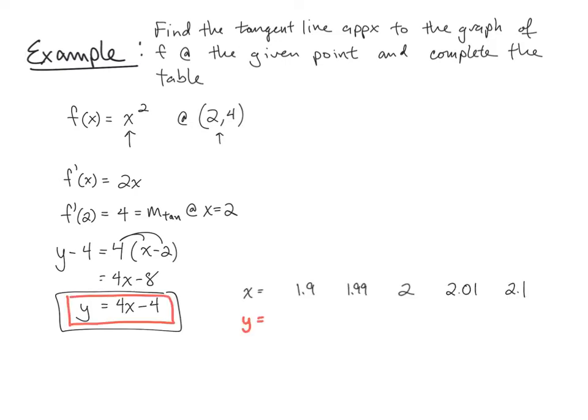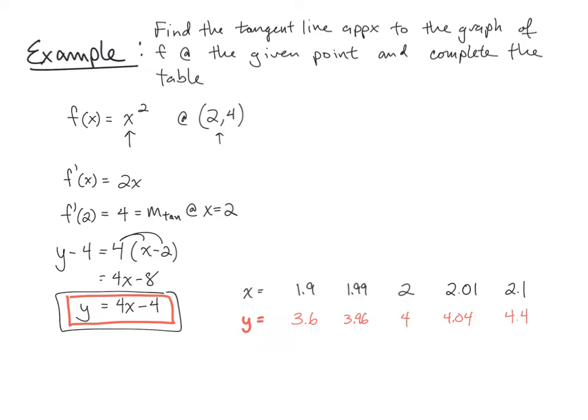So here we go. We are going to first run all of these values for x through the tangent line function and figure out what we get here. So when you take all of these x values and you substitute them into the tangent line function, you'll get all of these y values back.